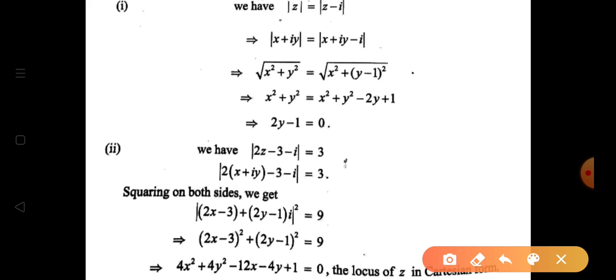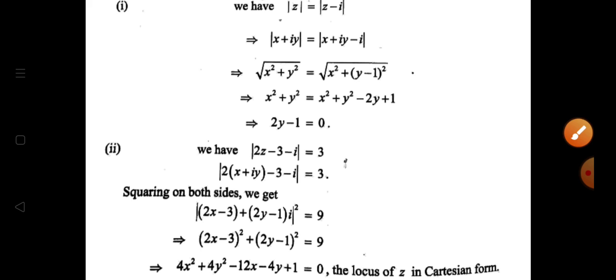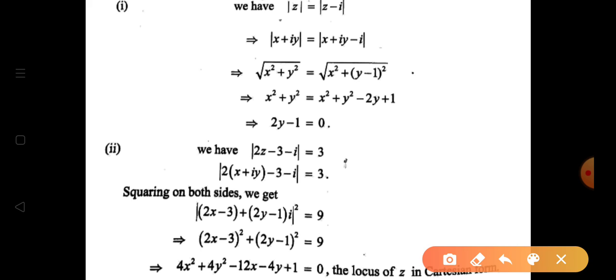So 2Z, here we have 2 into x plus iy minus 3 minus I. Now squaring on both sides. First, we multiply the 2 inside. Listen, we multiply by 2.